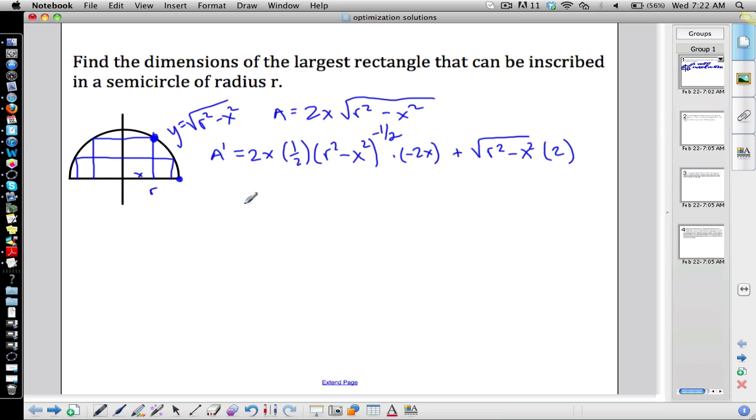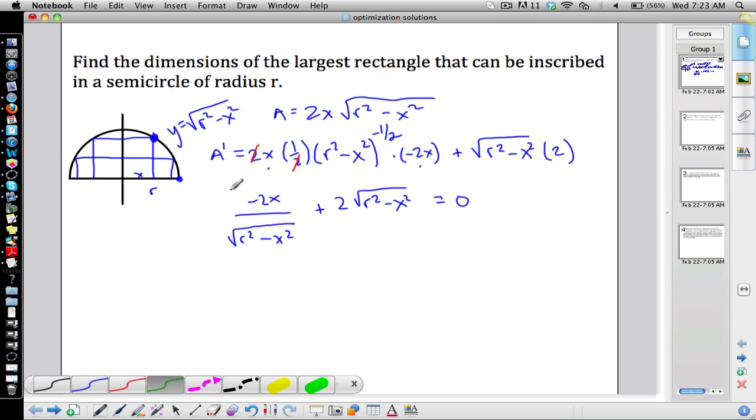Alright, so now we set this equal to 0, and we'll also simplify a little bit. I see some things cancel. That 2 and that 2 will go, and I think that's it. So we'll rewrite this as negative 2x squared, and we'll write this root on the bottom because it's a negative power, so root r squared minus x squared, and plus 2 root r squared minus x squared, and set it equal to 0.